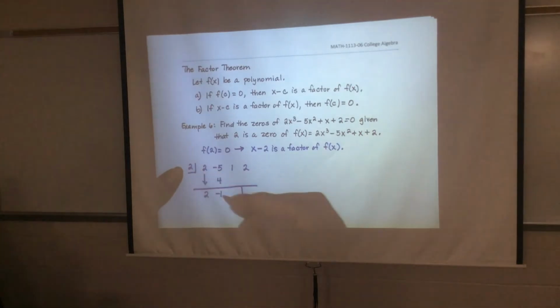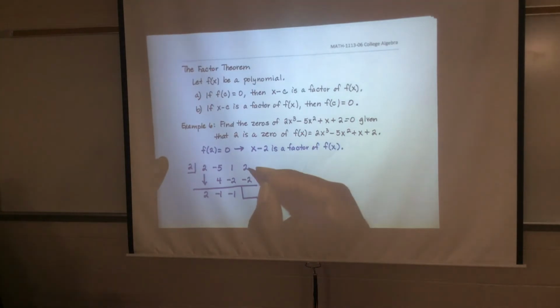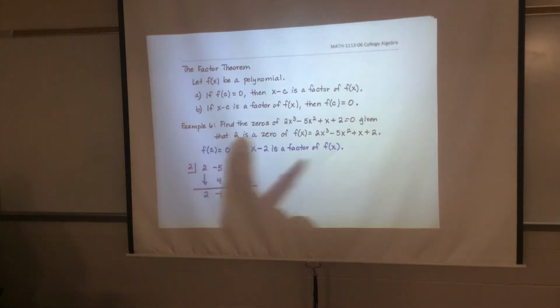And then 2 times -1 will be -2. Add 1 and -2 together, you're going to get -1. And then finally 2 times -1 will be -2. 2 plus a -2 will give me 0. I would expect to get a 0 there because 2 is a 0 of that particular function, okay?